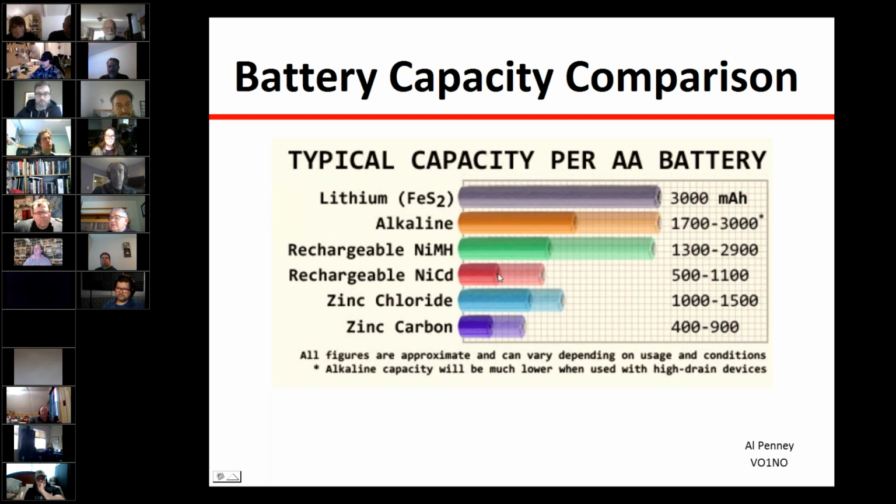Rechargeable NiCad, you can see a NiCad has much less capacity than the nickel metal hydride, between 500 and 1,100 milliamp hours. The zinc chloride, we didn't discuss it, but zinc chloride, 1,000 to 1,500. And the zinc carbon, you can see down here, has got the least energy capacity, between 400 and 900 milliamp hours for a typical AA battery.